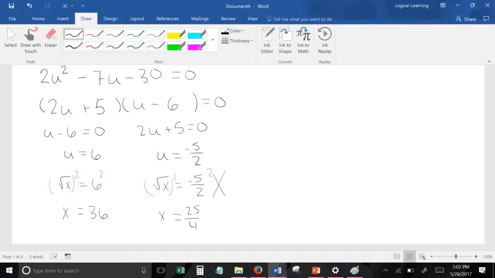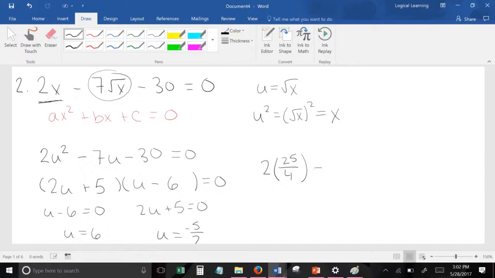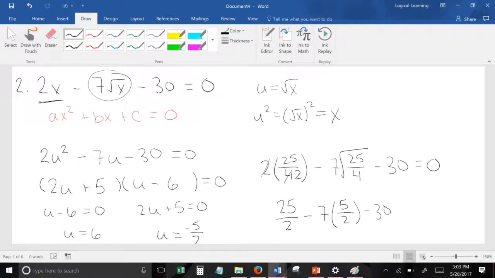Well, let's go ahead and check it out. So we have 2 times 25/4 minus 7 times the square root of 25/4 minus 30 equals 0. Well, this is going to reduce, and we'll get 25/2 minus 7 times the square root of 25/4, which is 5/2, minus 30.